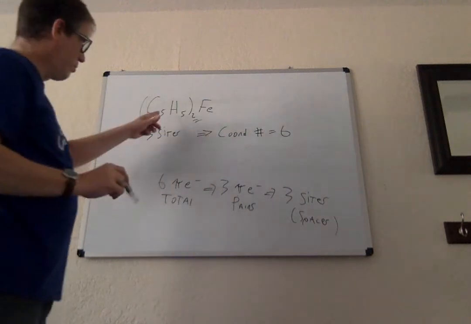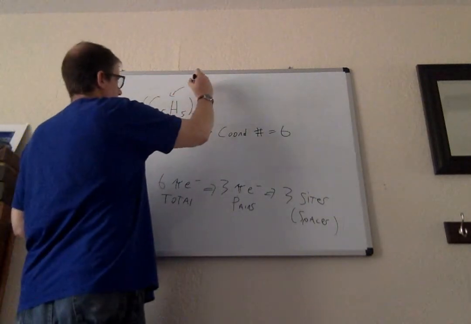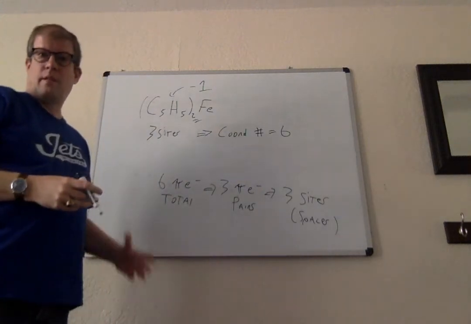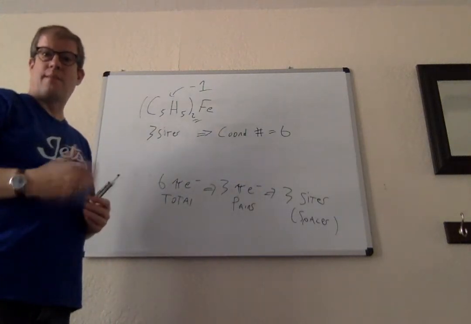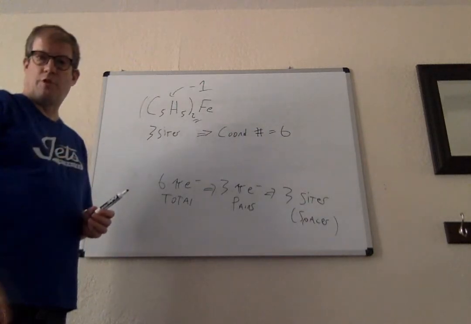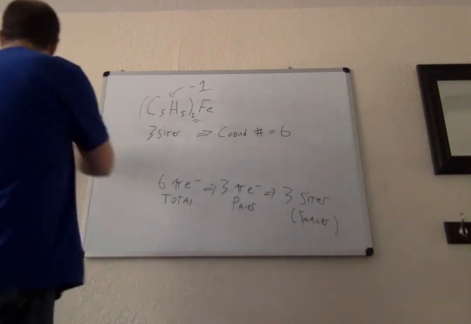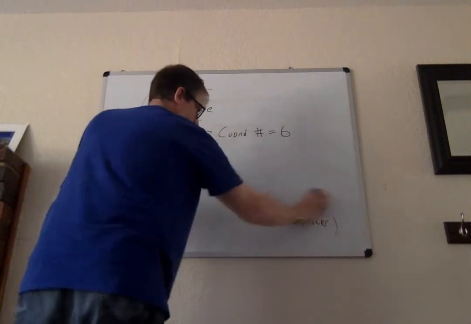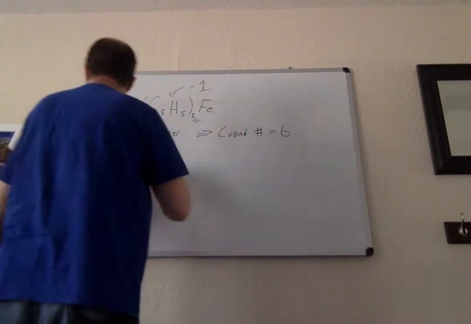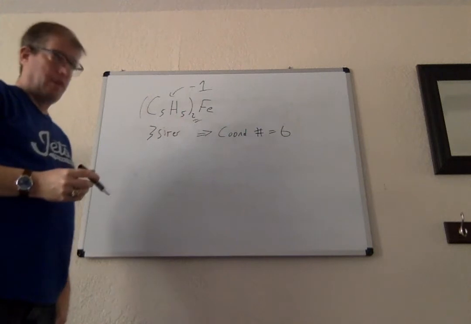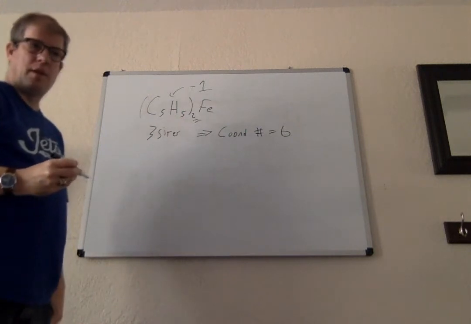And it's a little different than this one, because remember, and you do have to remember this one, C5H5 is C5H5 minus. Cyclopentadienyl is a -1 charge. But there's another ligand that does this very commonly.